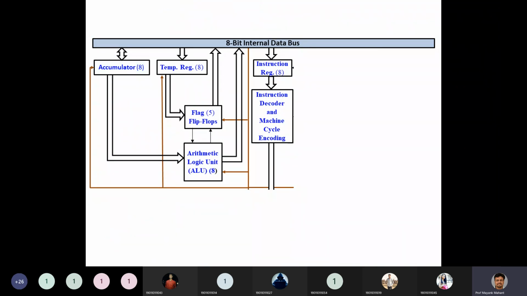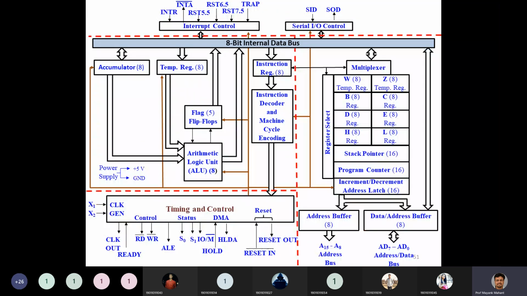So this is the whole 8085 internal architecture. I think we must stop at this point, and in the next class we will discuss the whole internal block diagram of our 8085 microprocessor. Am I clear?